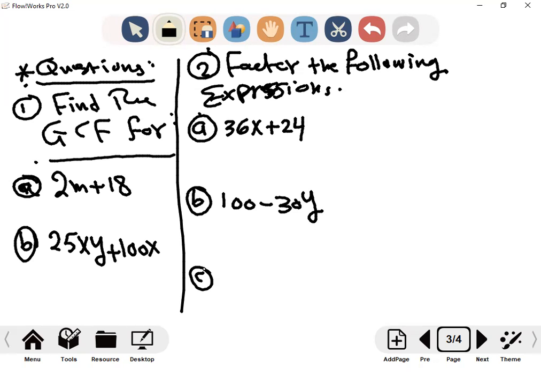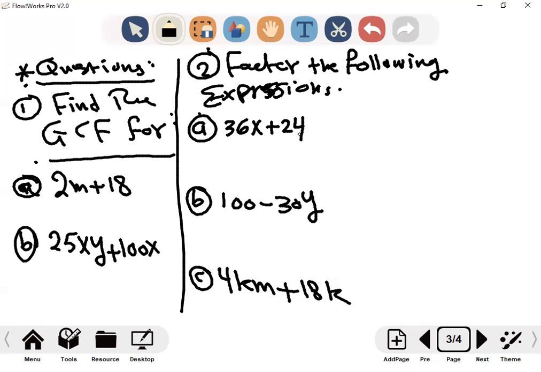C, 4km plus 18k. This is question 2. Simplify in factored form.